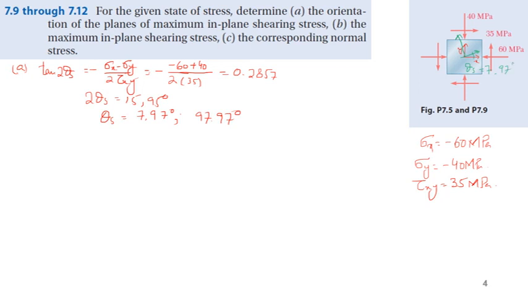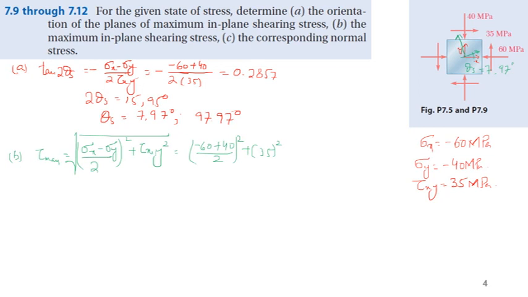Now part B, we have to calculate the maximum in-plane shearing stress. So tau max is equal to the square root of sigma x minus sigma y divided by 2, whole squared, plus tau xy squared. Putting in the values, that will be minus 60 plus 40 divided by 2, whole squared, plus 35 squared.